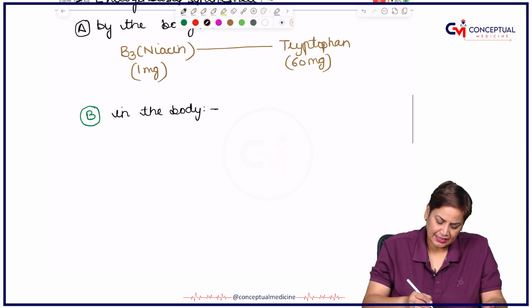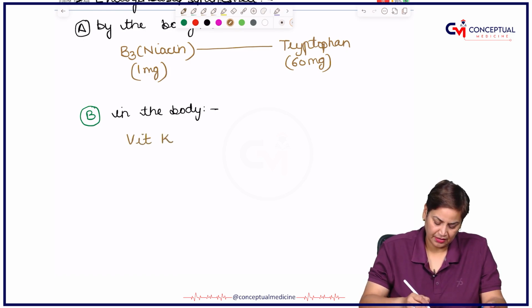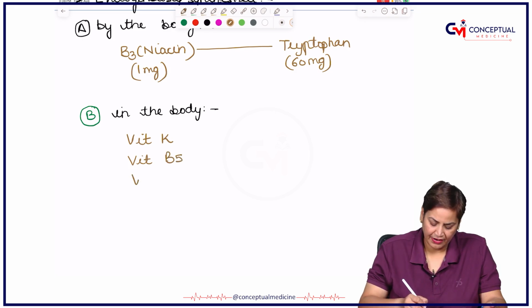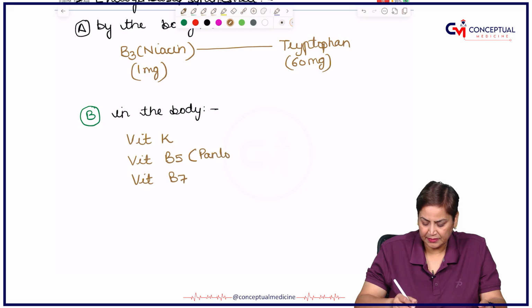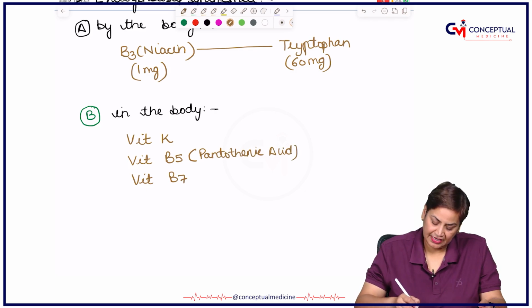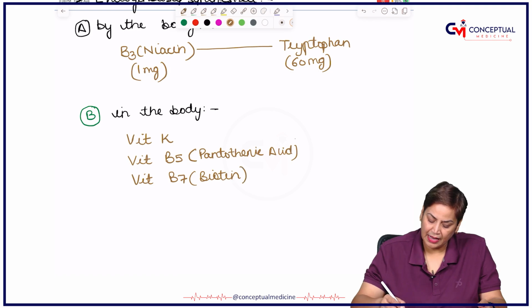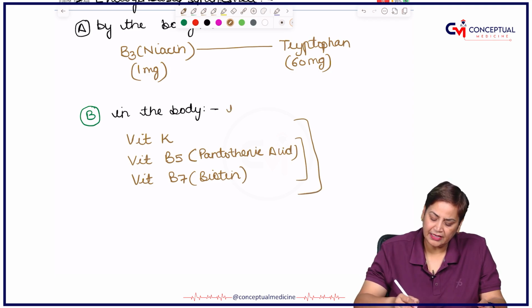The most important one is vitamin K, very important, then vitamin B5 and vitamin B7. Vitamin B5 is pantothenic acid, and vitamin B7 is biotin. All three of them are synthesized by the intestinal flora.